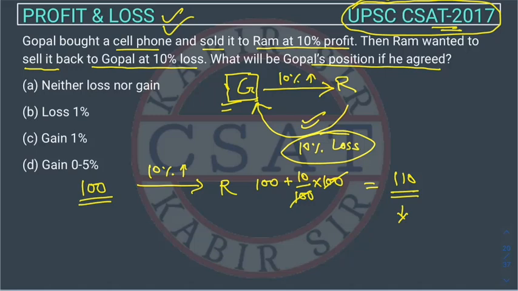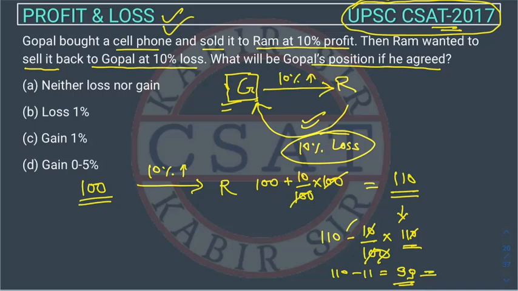So this is the price of Ram and he's selling at 10% loss, so the minus sign will come. The 10% loss will be on Ram's price, not the 100. So this 0 will cancel this 0. So 110 minus 11 is equal to 99. So Ram is selling to Gopal at 99 rupees.